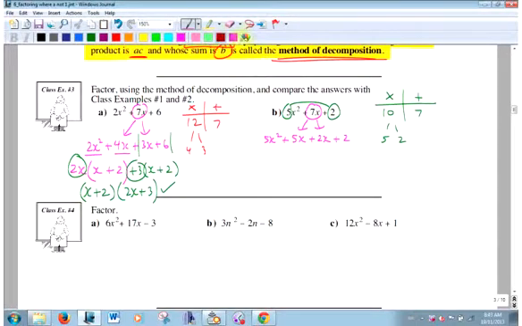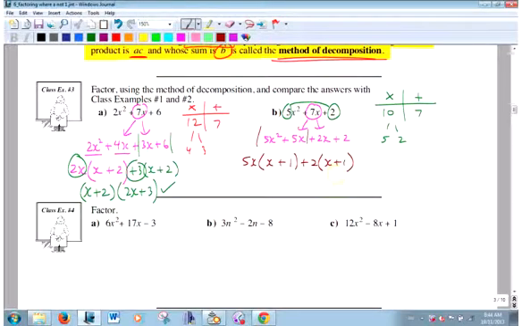What can I take out of the first two? I can take out a 5. I can take out an x. What do I have left? x plus, how many times does 5x go into 5x? Once. Okay. What do I want to take out of here? A 2. Am I left with an x plus 1?